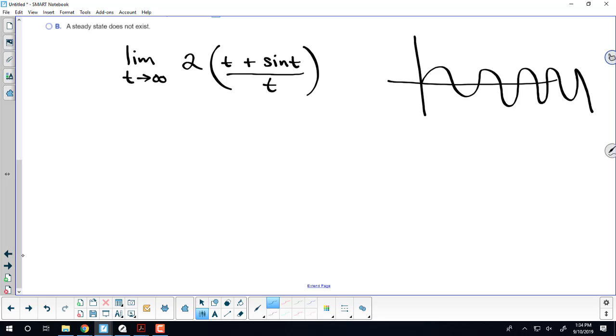So how would we approach this problem? Yeah, so we can try the squeeze theorem. We can try to squeeze (t + sin t)/t in between two well-behaved functions. So I'm going to write it like this: 2 times the limit as t approaches infinity.